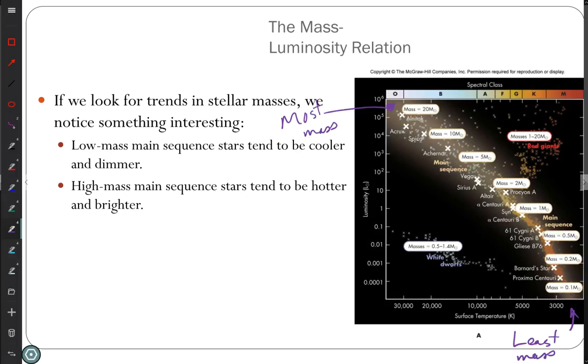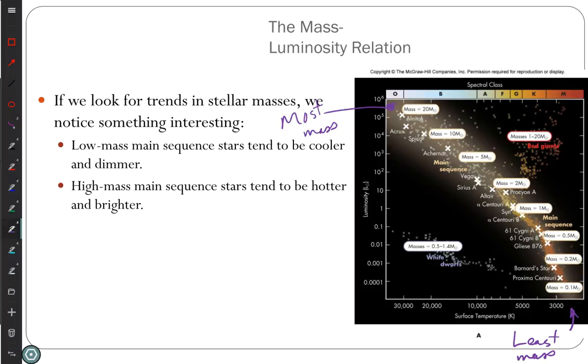But if you look at the white dwarfs, mass could be anywhere between about 0.5 to 1.4 solar masses, and they could be anywhere in that white dwarf range with any of those masses. There's no connection between its position and its mass. And if we look at the stars above the main sequence, those masses range between 1 to 20 solar masses.